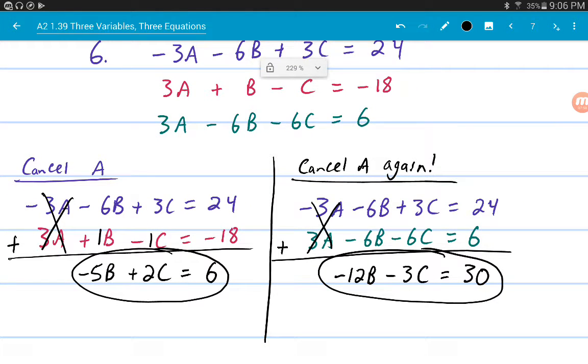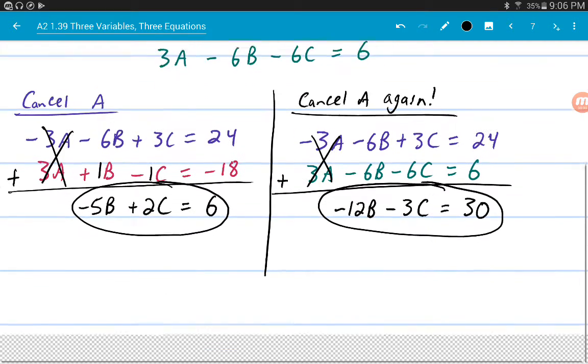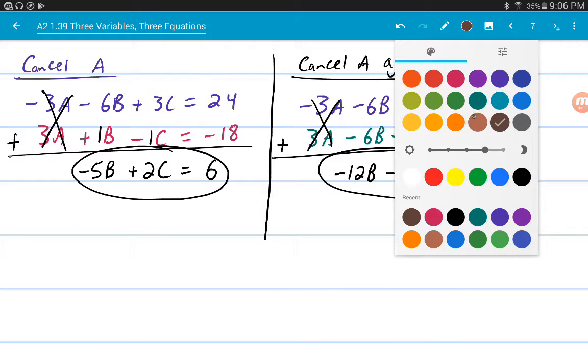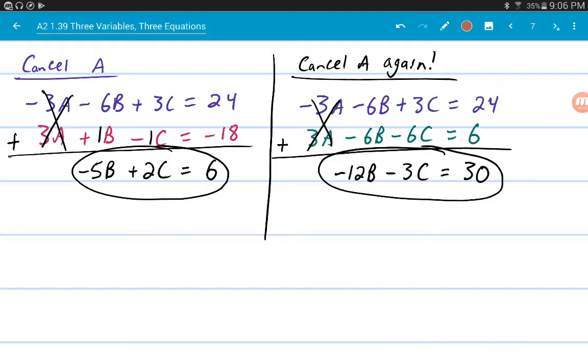Now I have two equations that only have b and c in them. What we want to do when we get to this point is we want to line them up just like we had in the beginning with the three equations. So I'll do this in this color. Take this down.